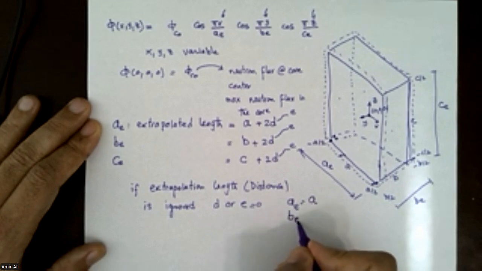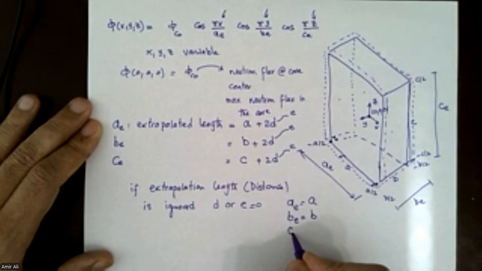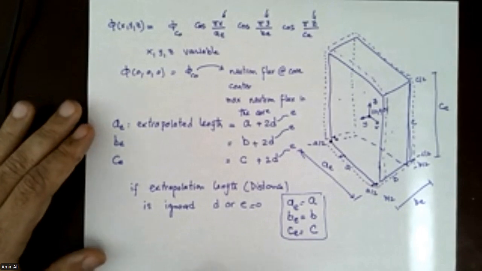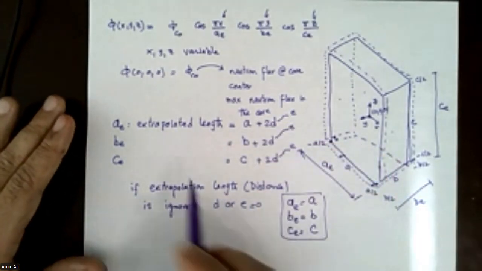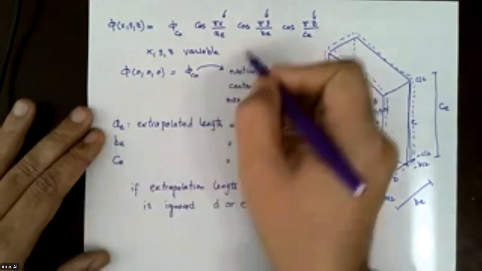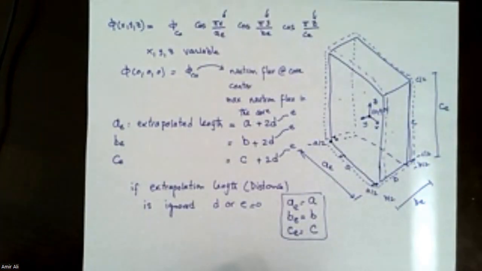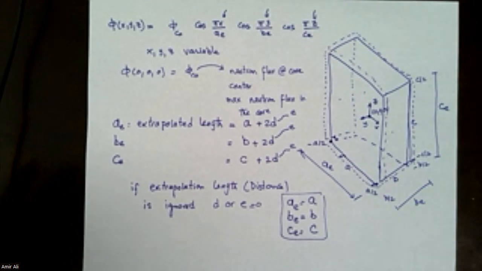The extrapolated width will equal the physical width of the reactor. The extrapolated height will equal the physical height of the reactor, and that would simplify the problem a little bit. If not, you have to consider adding this distance to calculate AE, BE, CE, so you can go back to this equation and get the right answer for the neutron flux distribution at a given location. Okay?